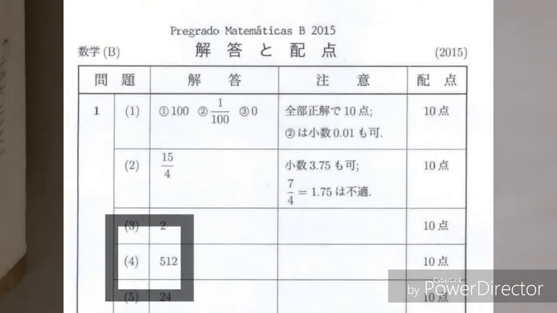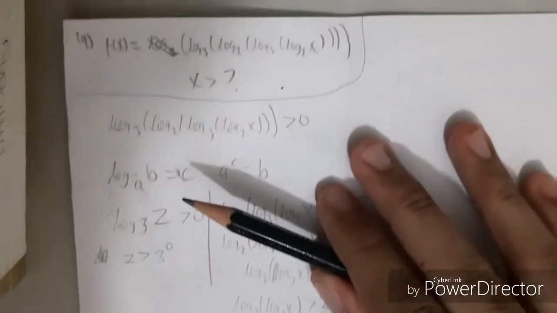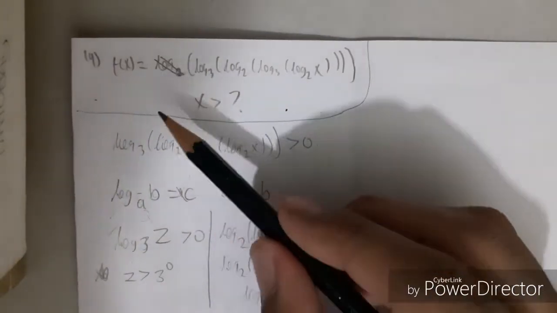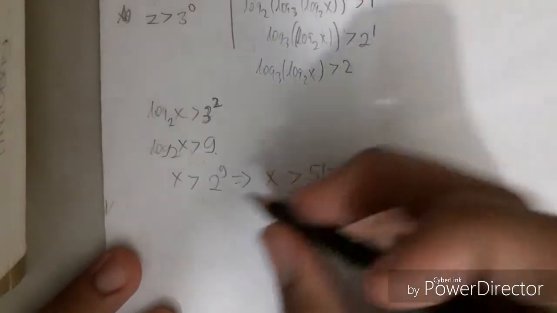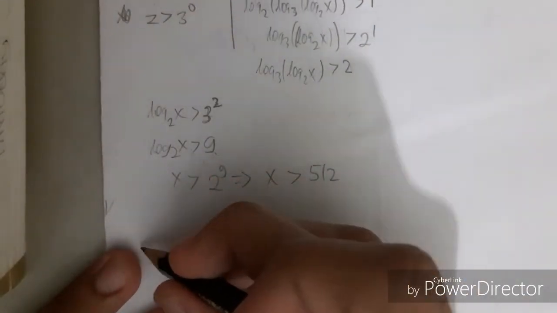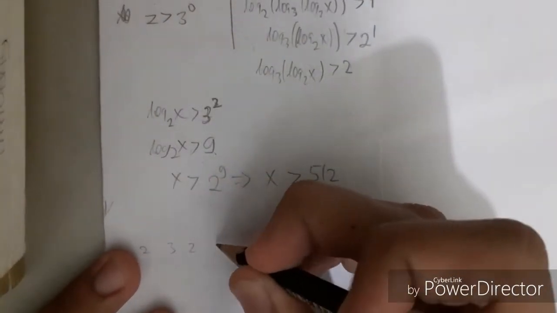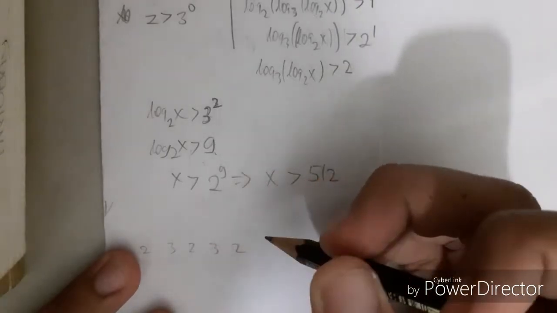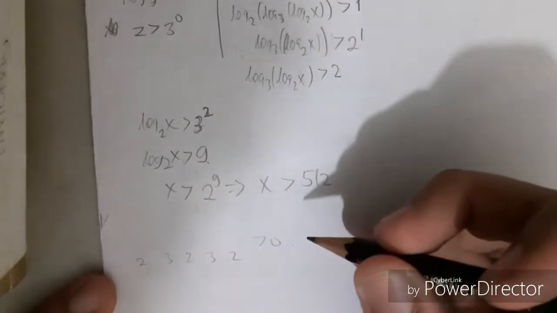But if we actually included this logarithm 2 from the start, it would look like this. I just simplify that to 2, 3, 2, 3, 2, right? And it's greater than 0.